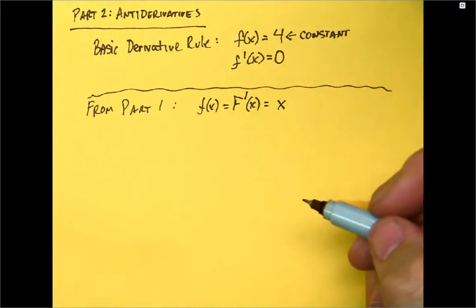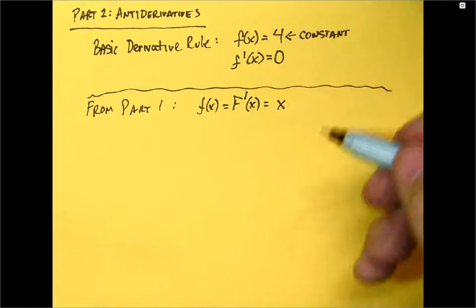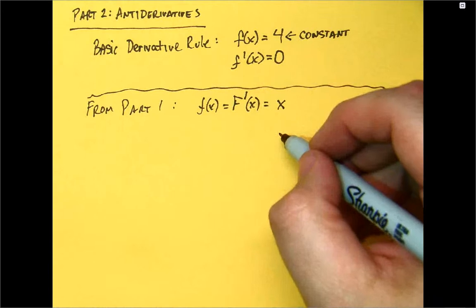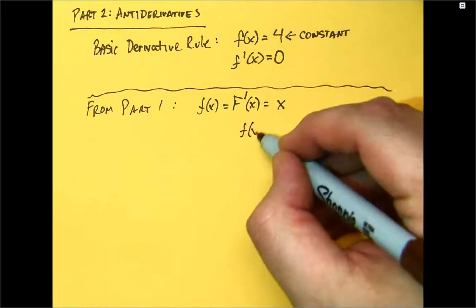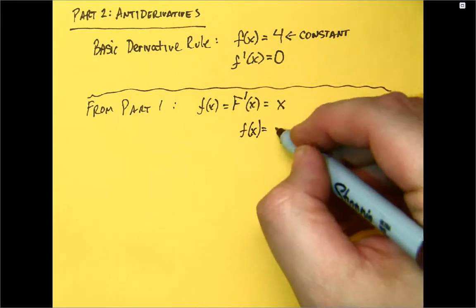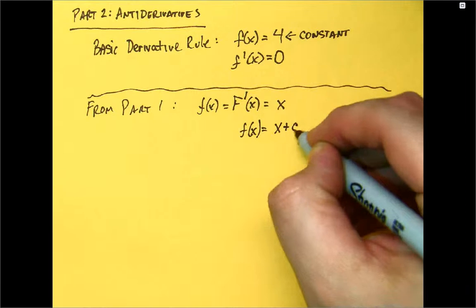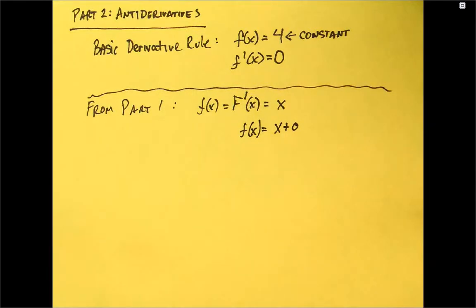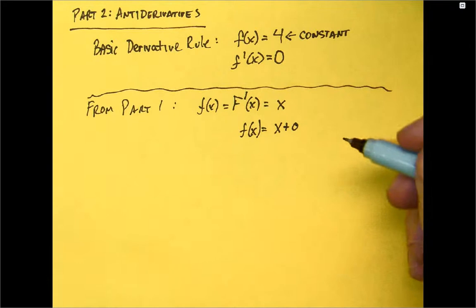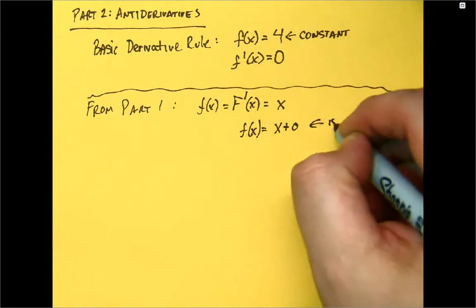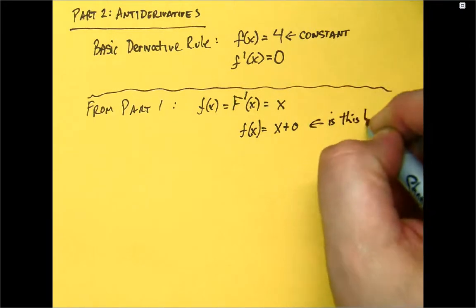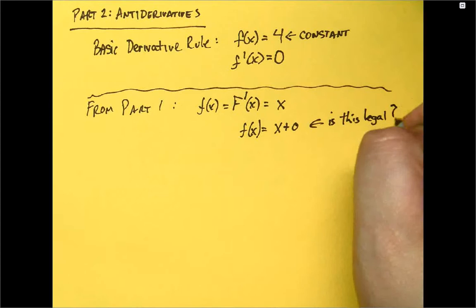Now what I want to do is rewrite it. I want to say that f of x is actually x plus 0. Do you think this is legal? Can I add 0 to anything?